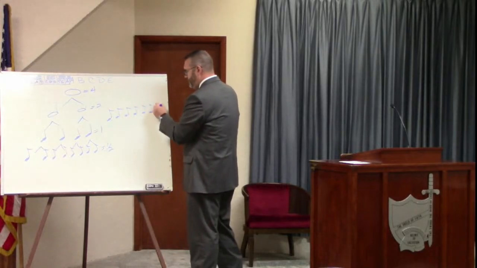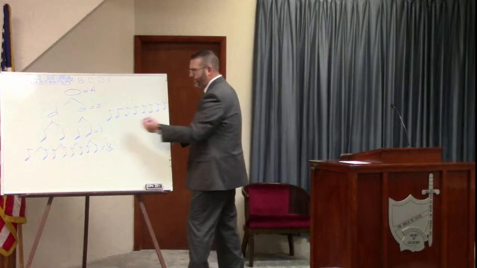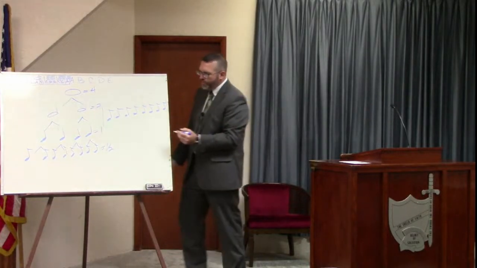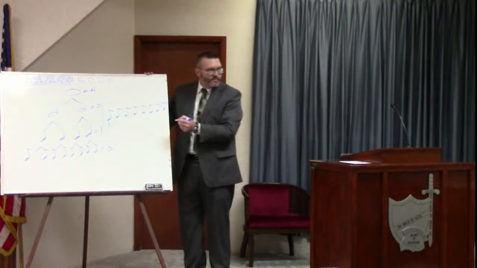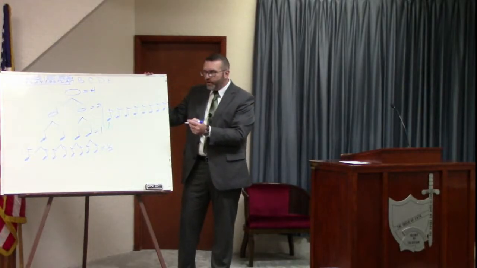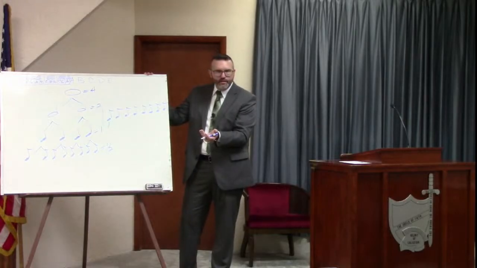Well, I might. A full measure. When you cross this measure bar, what do you got to say? 1. Always. Okay? If that's 1, what now do I say? And. What comes after 1? And.